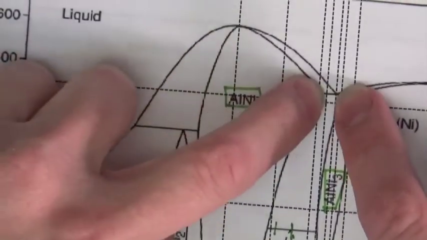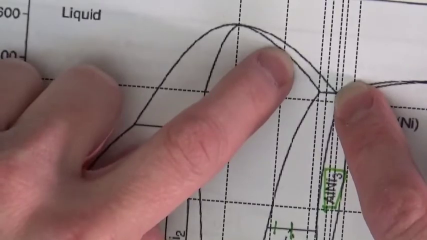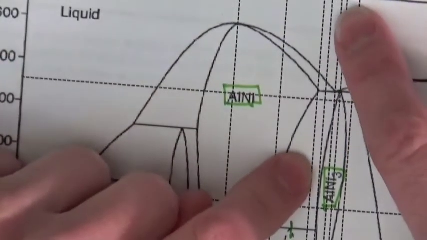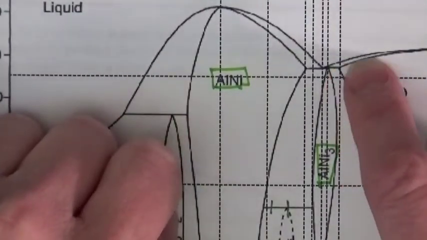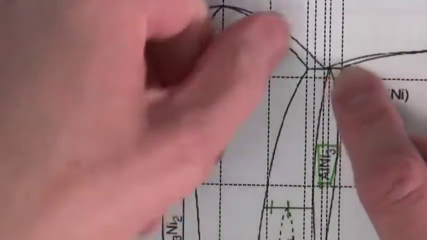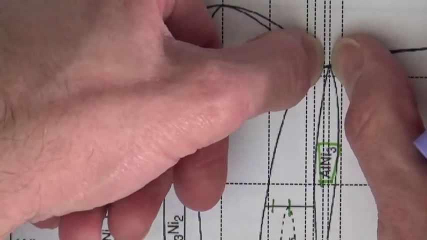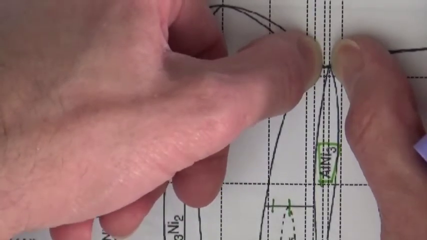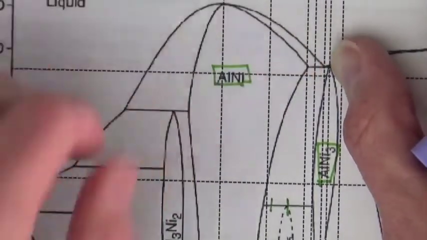That sliver is aluminum nickel plus liquid. That's liquid. And this sliver, a little sliver right in there, which you can barely see, is aluminum nickel 3 plus liquid.